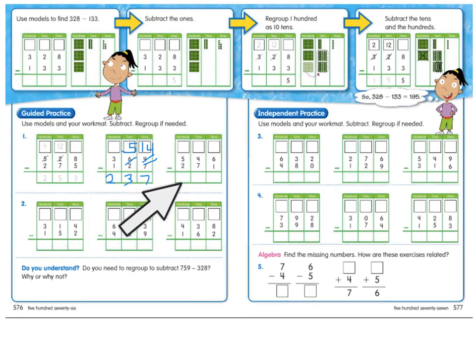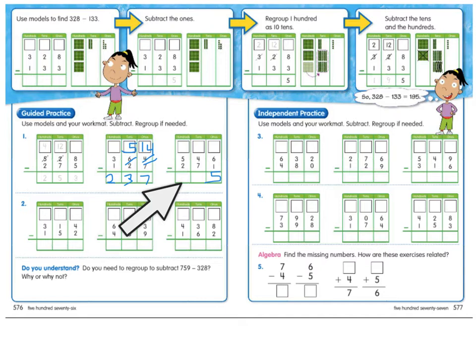If I subtract the ones, I have 6 ones minus 1, and that will leave me with 5 ones. So I will put a 5 down below. If I go to the tens, now it's saying I have 4 tens minus 7 tens. I cannot do that because there's more on the floor.